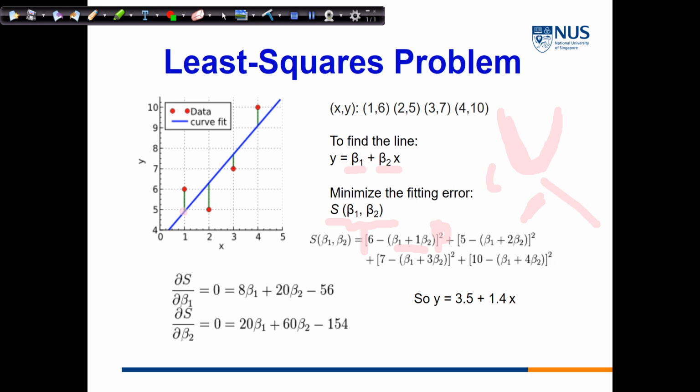Therefore, the least square problem has broad application in the field. Because there are only 4 points here, we only have 4 error terms to sum up. You can have more if your data is large scale, millions of data points, it doesn't matter, but the error function is written in the same way.